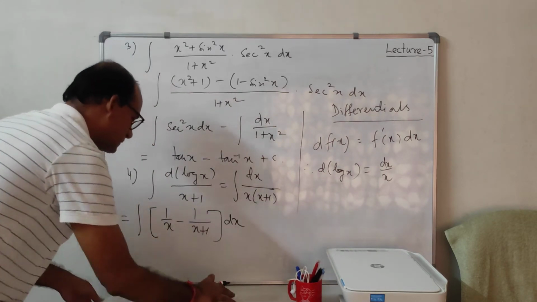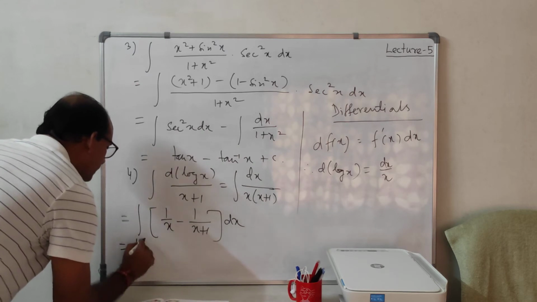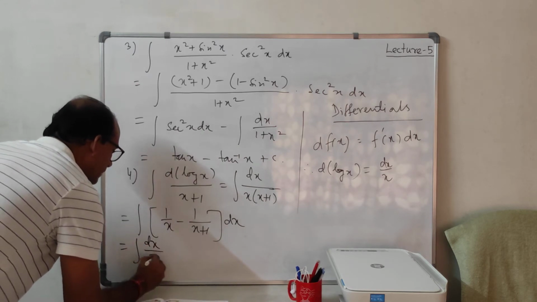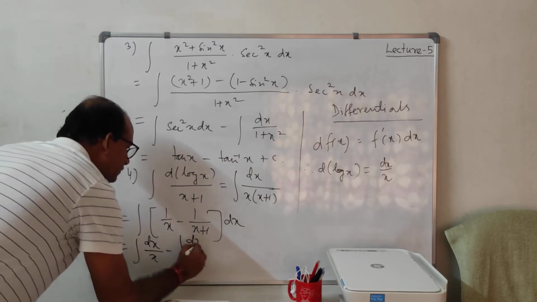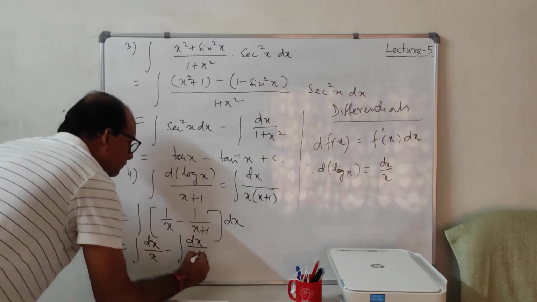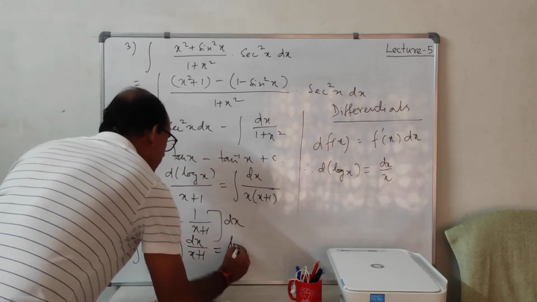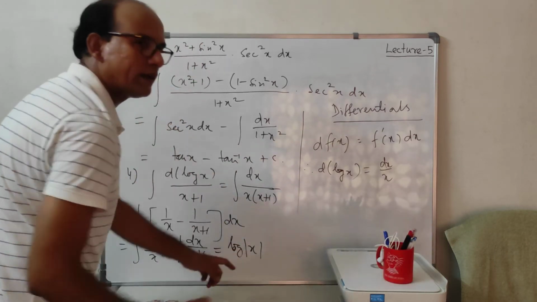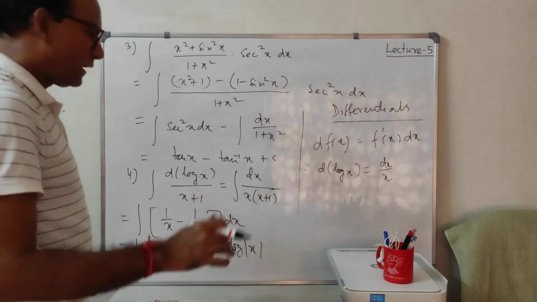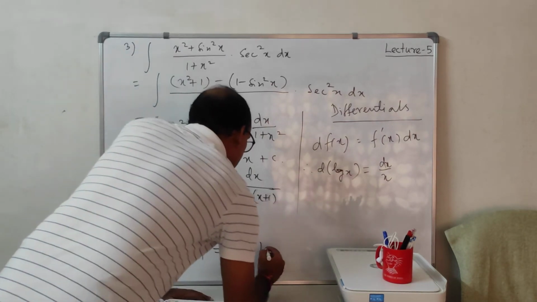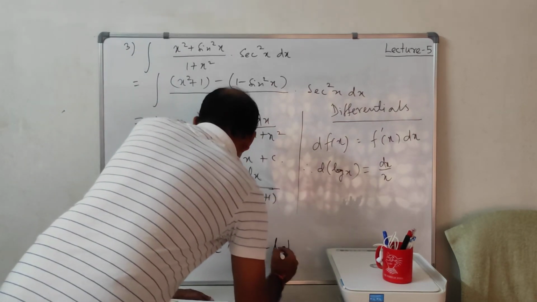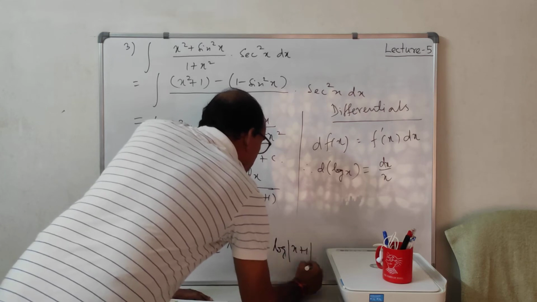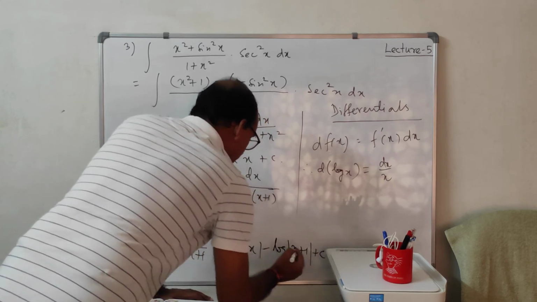So one part is integration dx by x, the other part is integration dx by x plus 1. This is log mod x. Now here you have to necessarily put modulus sign because x is not any even function. Minus of, in the case of second, you have to also put modulus, plus c.